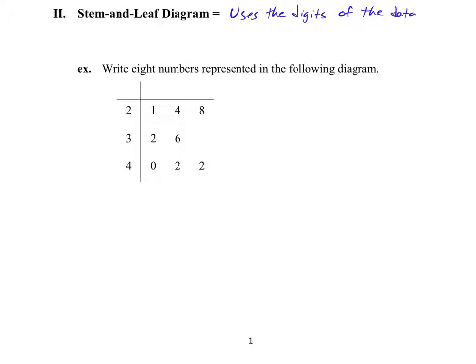By that we're talking about the ones place, the tens, the hundreds. Those are the digits. So it uses the digits of the data to show the shape and distribution of a data set.